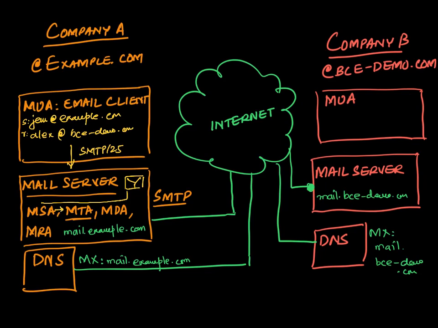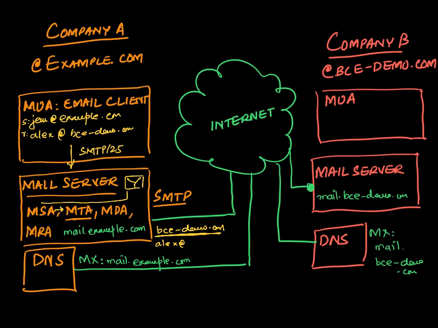So the mail transfer agent, the next step, will look into bce-demo.com, which is the recipient's domain. Remember, Alex's address is at bce-demo.com. So the mail server or MTA will look into this bce-demo.com and ask the world, where is the mail server of this domain?